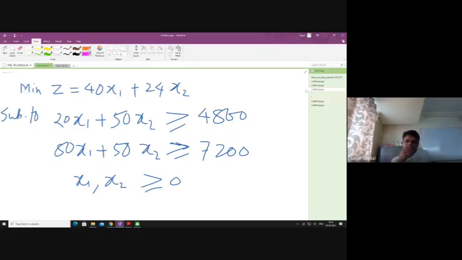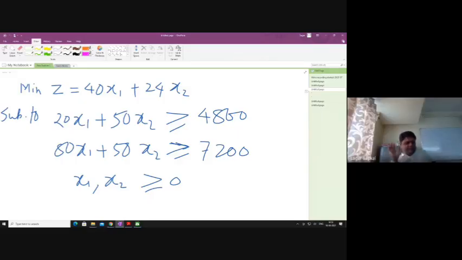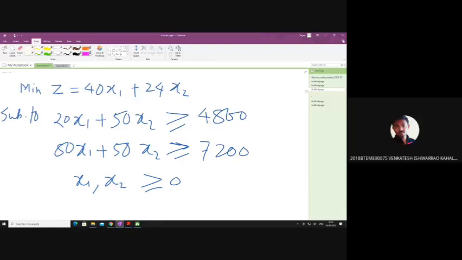Can you do this? चलेगा? मी लिहायला पाहिजे का x1 x2 च्या व्हॅल्यूज? एनीबडी? रोल नंबर 74. 74 आहे का? 75? हा आहे सर. लिहायला पाहिजे का करू शकता तुम्ही? नाही करता येते सर.